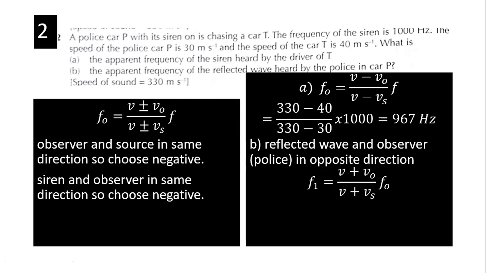The car that reflected the wave is moving to the right, the speed of sound is moving to the left, and the observer is also moving to the right.